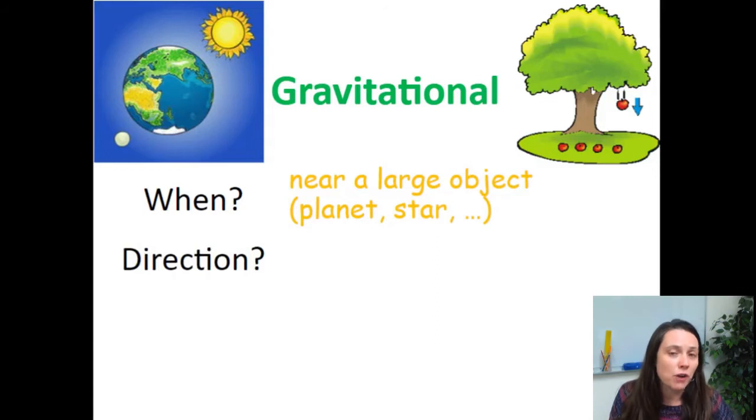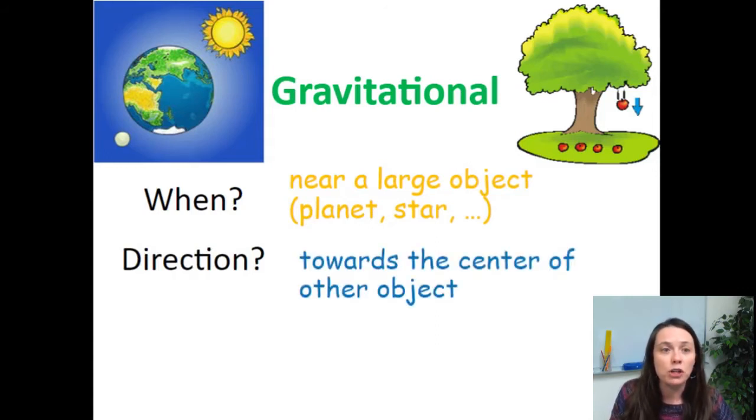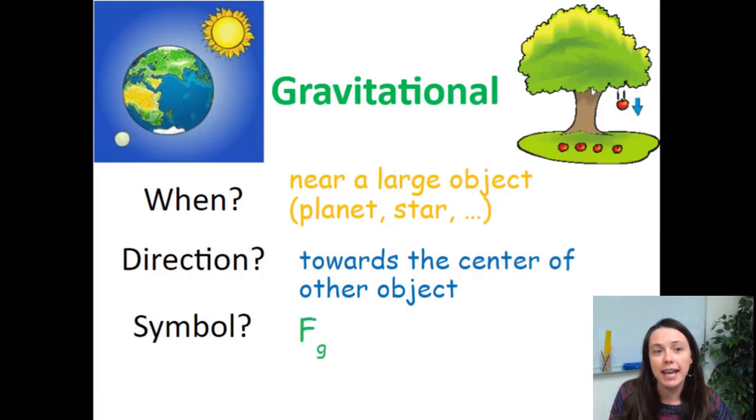If you think about the direction that a gravitational force will pull, it is always pulling towards the center of the large object. The symbol we typically use to refer to a gravitational force is a capital F with a subscript G for gravity. Sometimes the gravitational force on an object is called the object's weight.